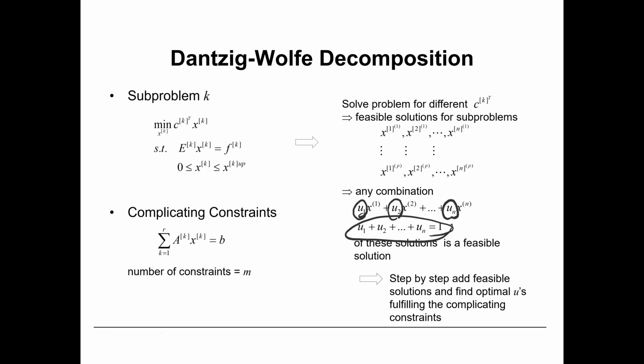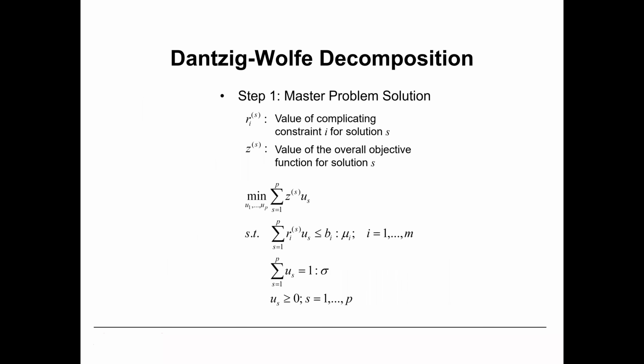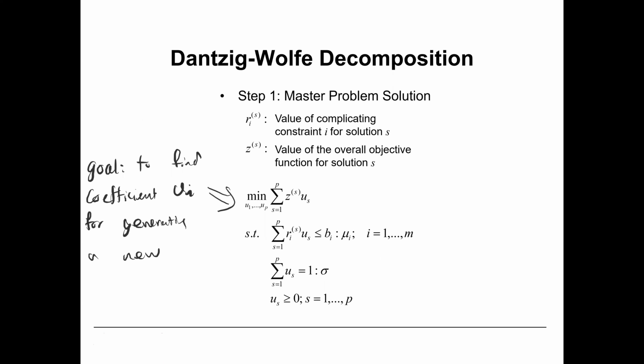In order to find this, we have to solve the master problem. All right, back again to the master problem. The goal of the master problem is to find coefficients for generating a new feasible solution.